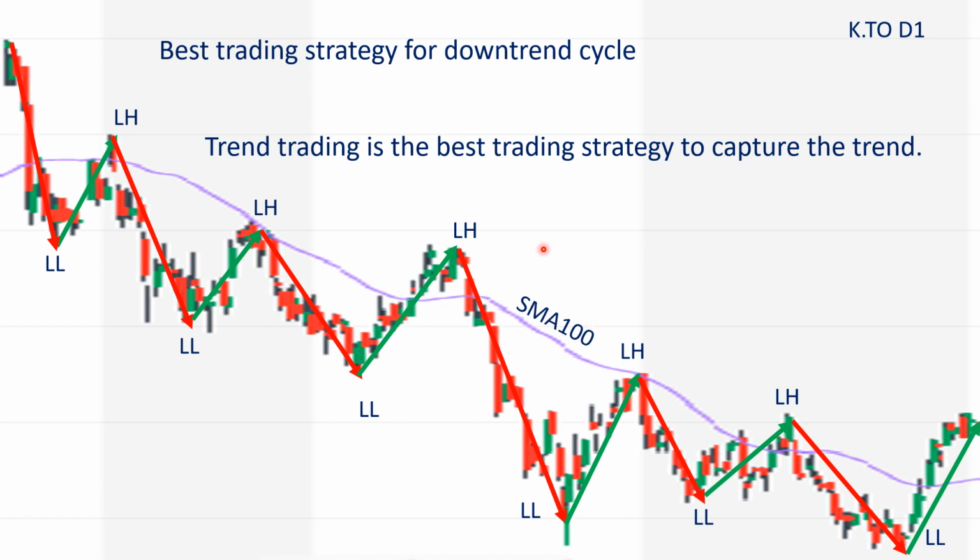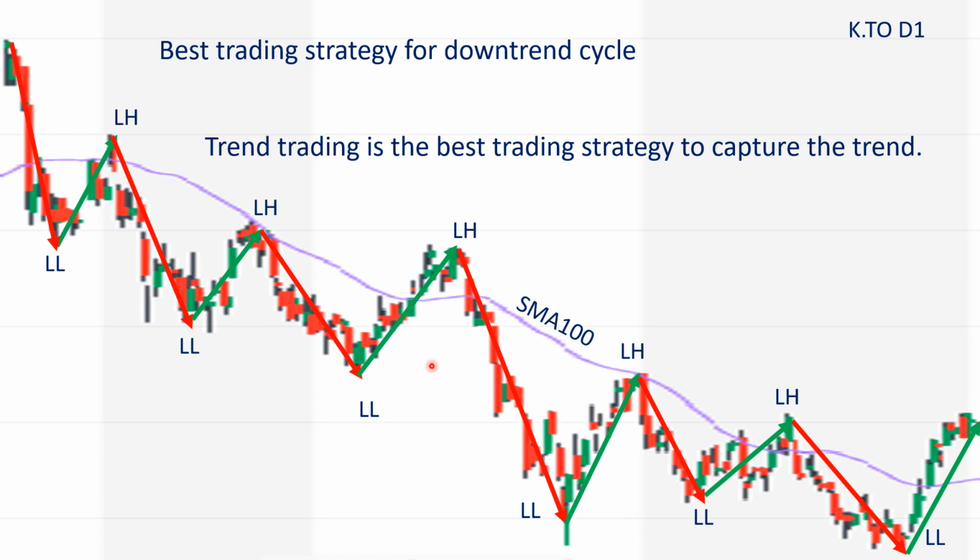You see, it makes a higher swing high, higher swing low, higher swing high, higher swing low. So the minute you see it break the structure, that is the sign that you can enter the market. That is again another way to enter the market.